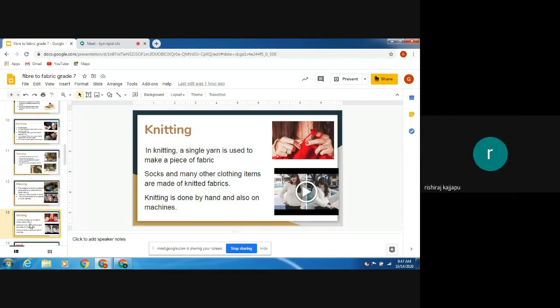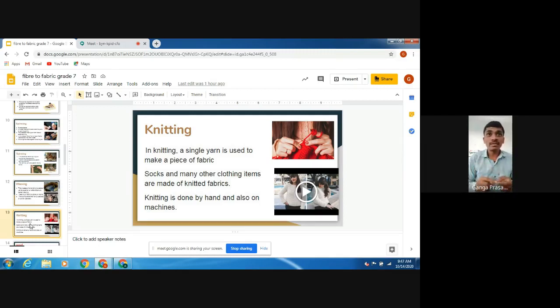Sweaters, mufflers, gloves, and monkey caps are also made by knitting. Kerchiefs: some are made by knitting, but mostly kerchiefs are made by weaving, because there are two sets of fibers, horizontal and vertical. But mostly sweaters, mufflers, gloves, and socks are made by knitting.